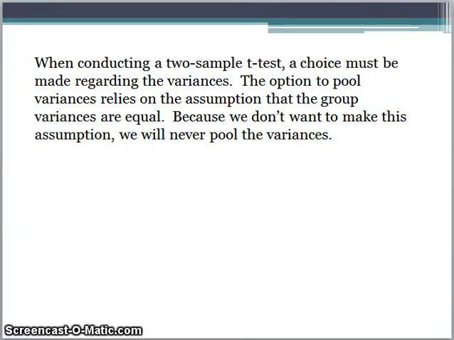You would pool variances if you want to use the assumption that the two group variances are equal, the group standard deviations are equal. But we don't want to make that assumption, so we will never choose to pool the variances. Okay, so you never have to think about whether you want to pool the variances. We're never going to. All right.